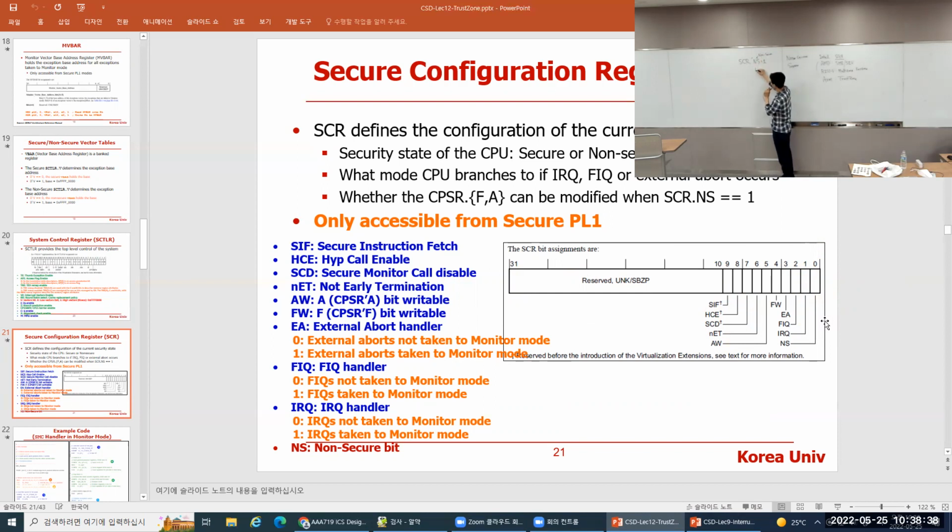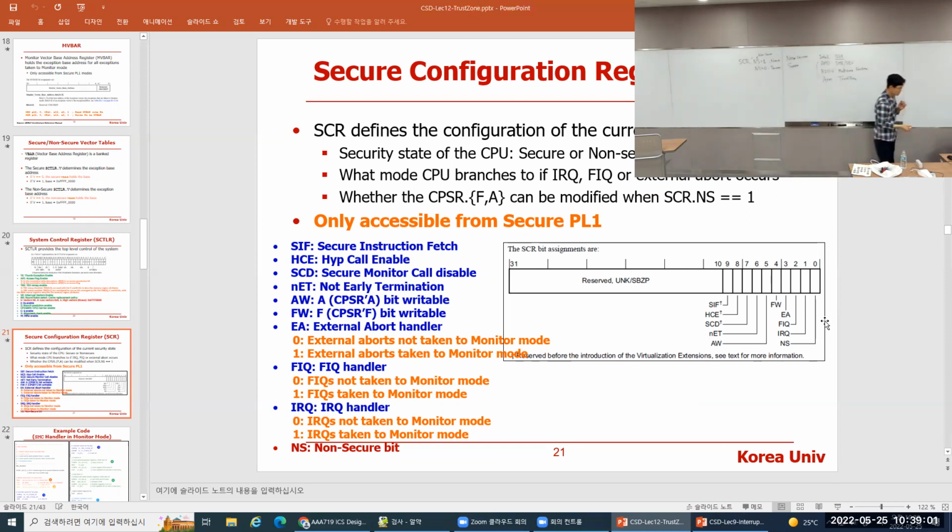If the NS bit is set to 0, then you are in the secure world. So it is that simple. By checking this SCR, you know which world you are in.